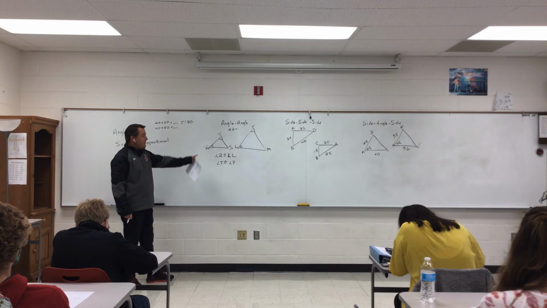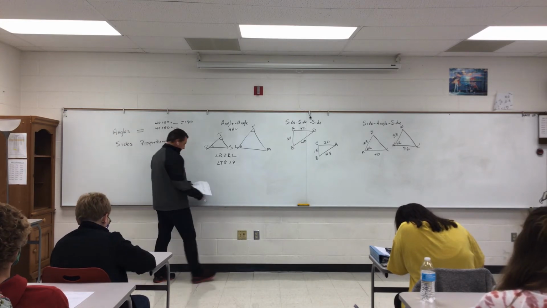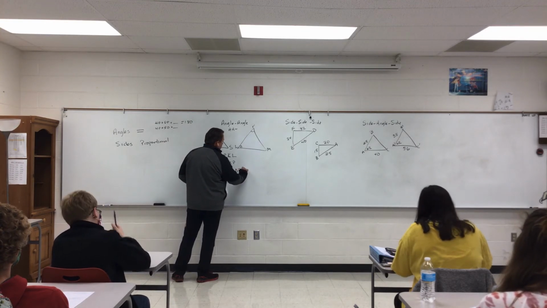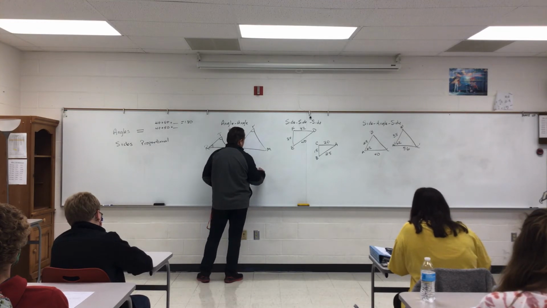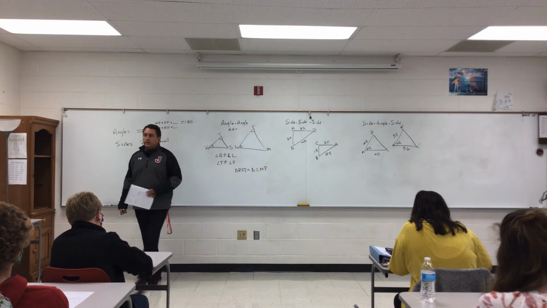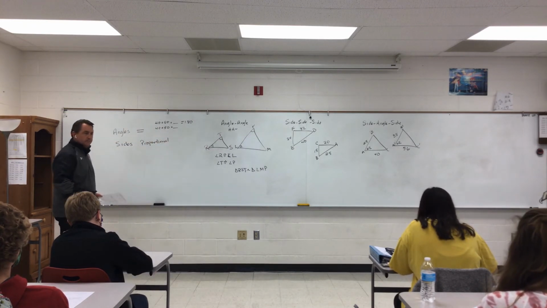Therefore, we can say that these two triangles are similar by angle, angle. And we can now say that triangle RST is similar to triangle LMP. That's our first way. The first way, class, is angle, angle.